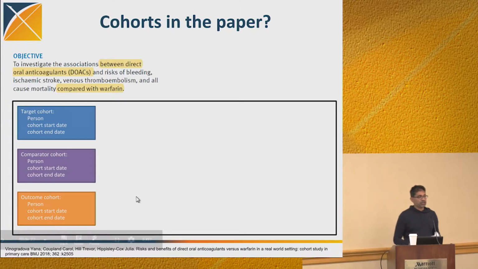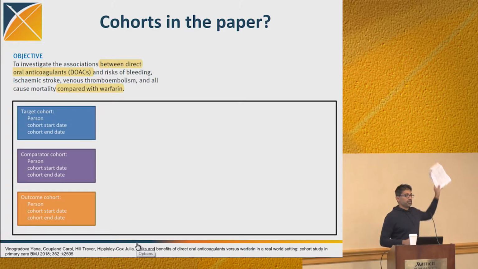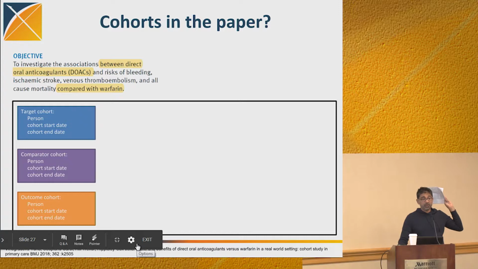Chris probably talked to you about this, different types of cohorts in the OHDSI ecosystem. Based on the review of the study design, what is the target cohort of this study? First time warfarin. First time warfarin could be the target cohort, yeah.